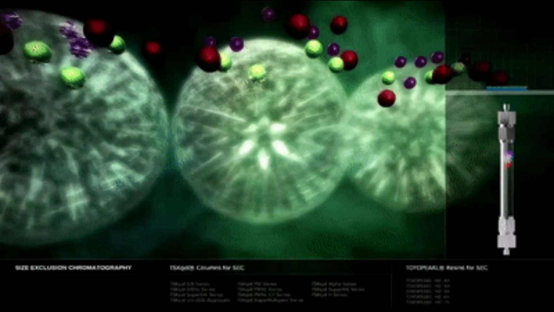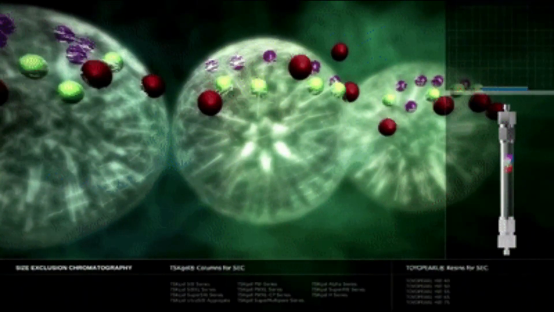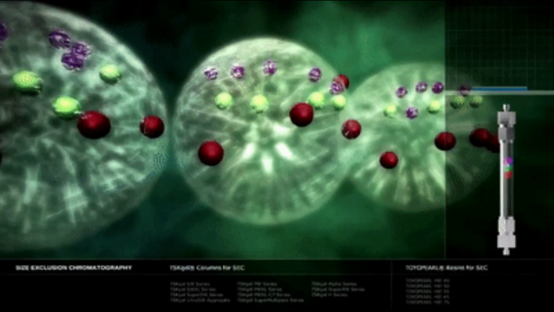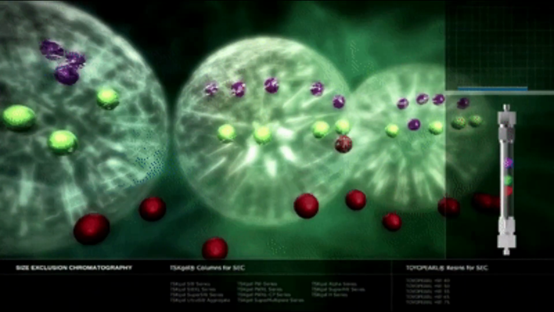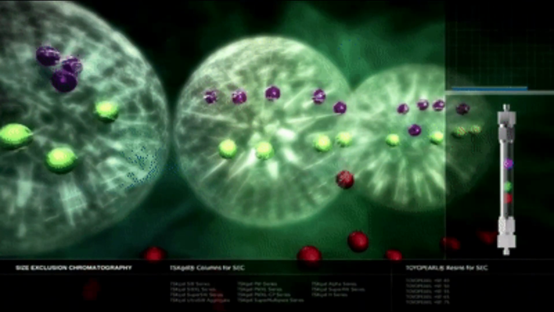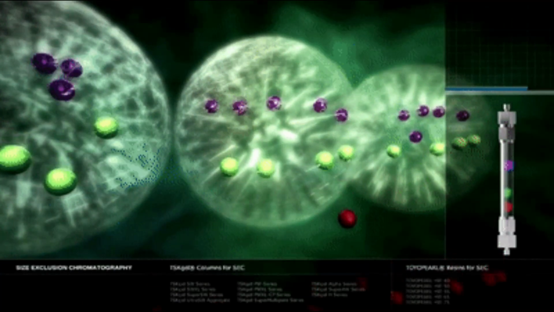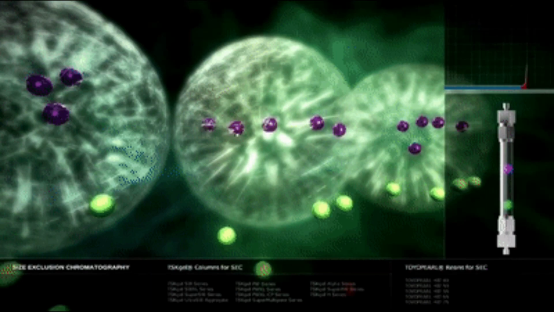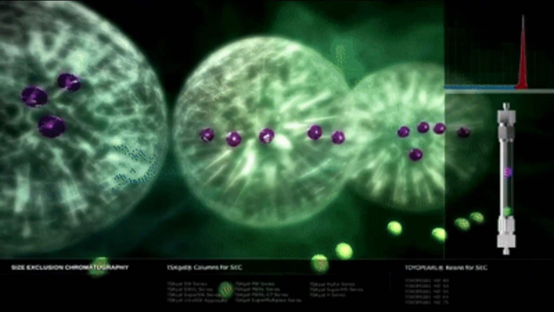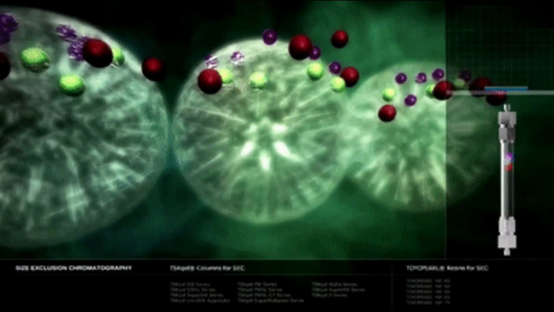The sample mixture containing molecules of different sizes is loaded onto the top of the column. A mobile phase of a buffer or solvent mixture is applied to the column and allowed to flow through. The mobile phase interacts with the gel matrix and carries the sample along as it flows through the column.